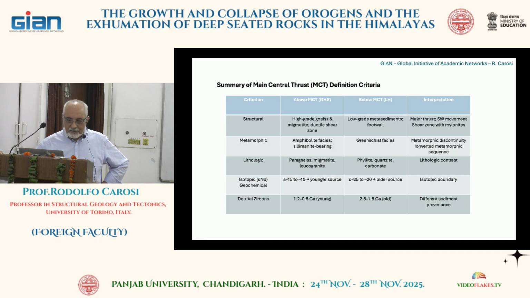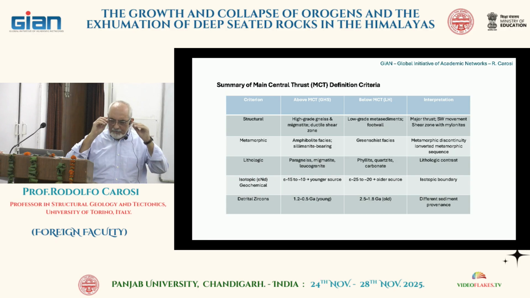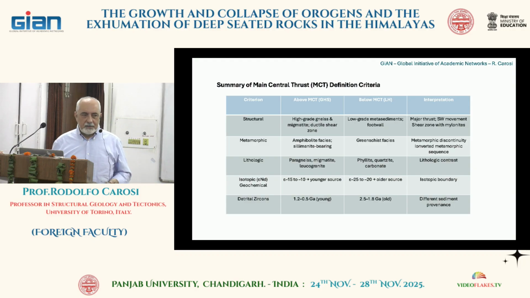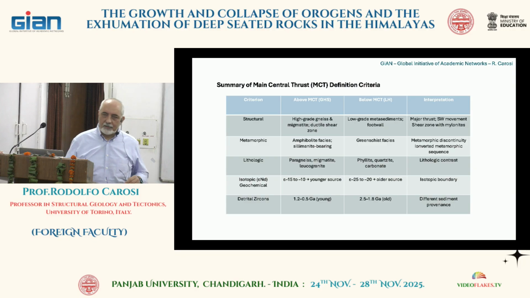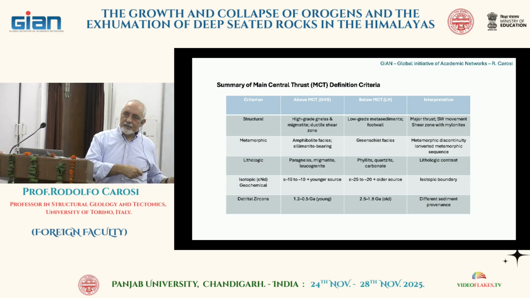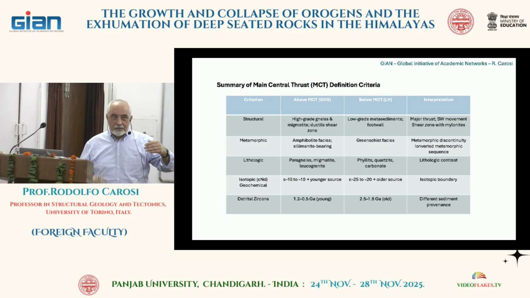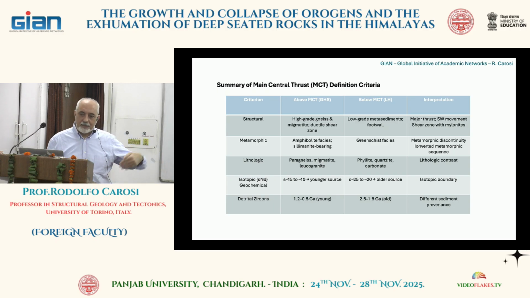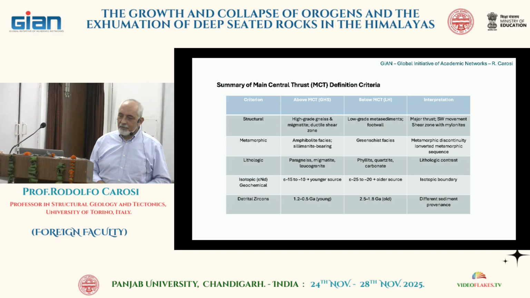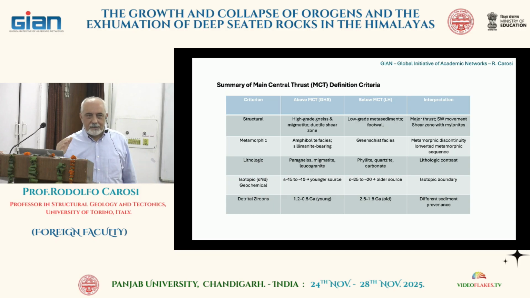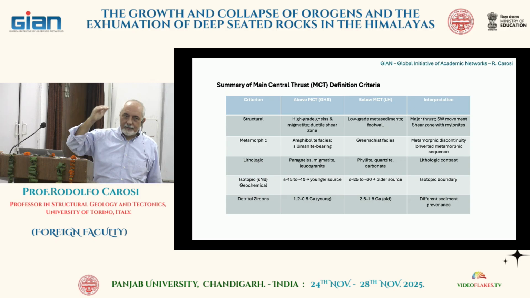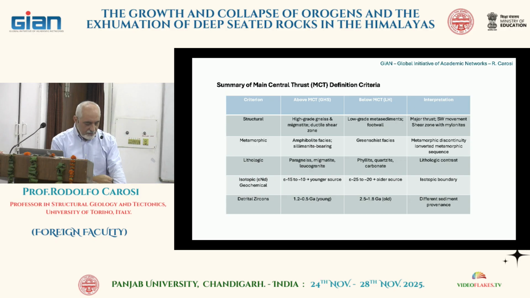But the main problem is that, for example, in central Nepal, the Main Central Thrust has been put by Max Serre, for example, in the Lesser Himalayan Sequence, maybe 30 kilometers away from the Main Central Thrust marked by French geologists, in the Lesser Himalayan Sequence, where the formation disappears. And some people, for example, put the Main Central Thrust up to the migmatite in the upper part of the Greater Himalayan Sequence.